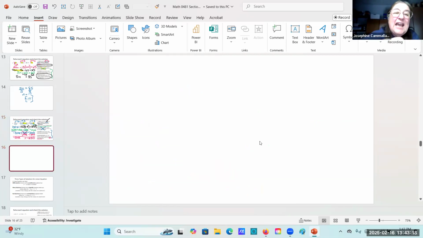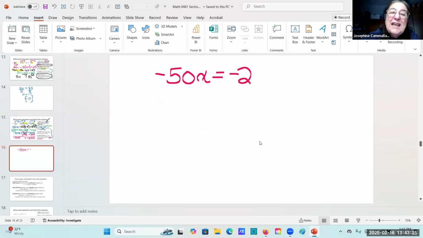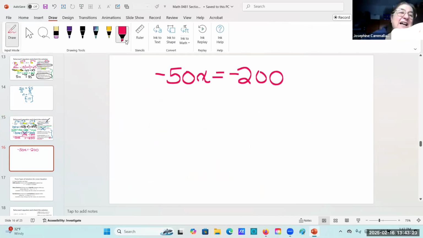Well, on my next slide, I have a negative 50x is equal to negative 200. I am going to divide by negative 50.